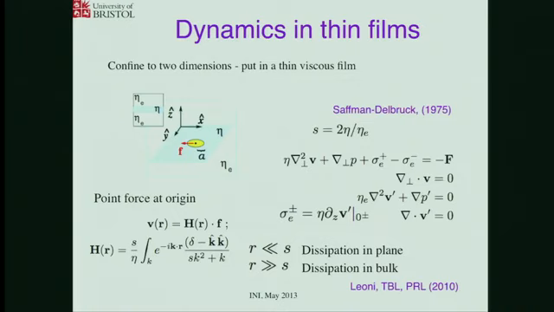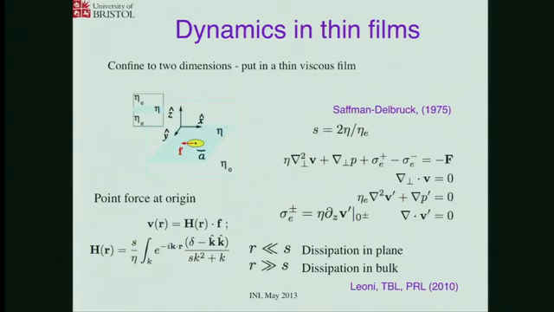So we would have again our force balance in the plane, which would be a Stokes-like equation in plane. It's coupled to the fluid above and below. We're going to assume it's incompressible, and we have the force balance out of the plane, and we have the relevant boundary conditions which couple the fluid in the plane to the fluid out of the plane. And we can again do the same thing.